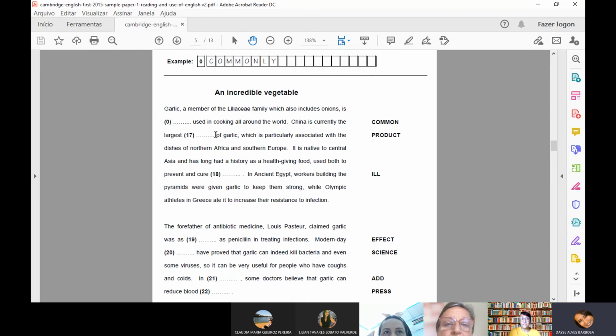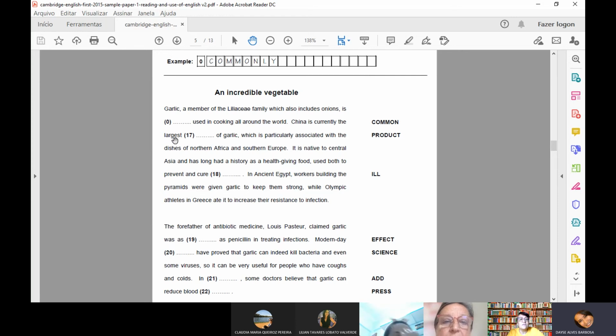So when you ask the how question, it's because the answer will require an adverb. And what is the adverb for the word common? We're going to also see how words can be transformed into adverbs. They are usually transformed by using the suffix ly, but there are some other words that have very specific adverbs.